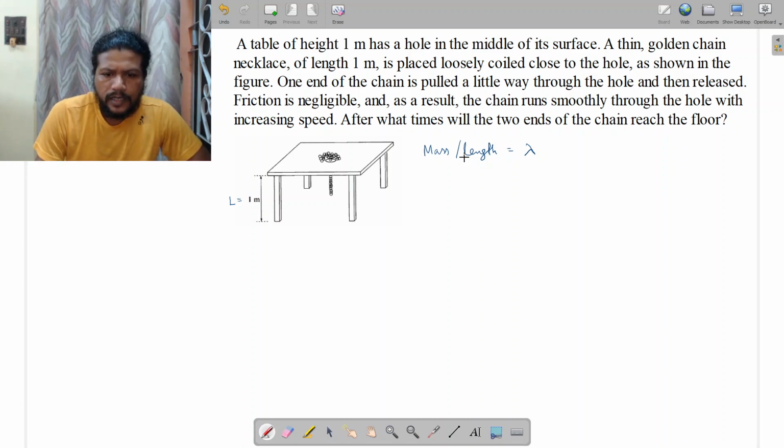Now, let us say that at some moment, the chain has come down a length y. Let's draw the chain.